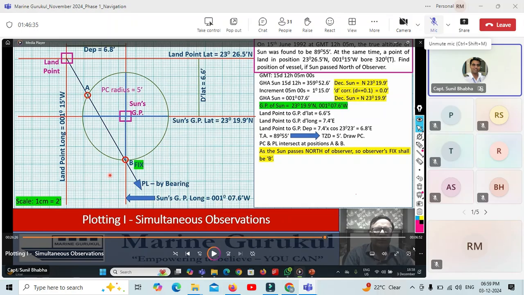Did you understand that, beta? Yes, sir. So GP is the celestial body, so it is passing north of the observer. Yeah, that's correct. In the departure, cos 23 degrees 23 minutes, the MLAT, is between 26.5 and 19.9, sir?